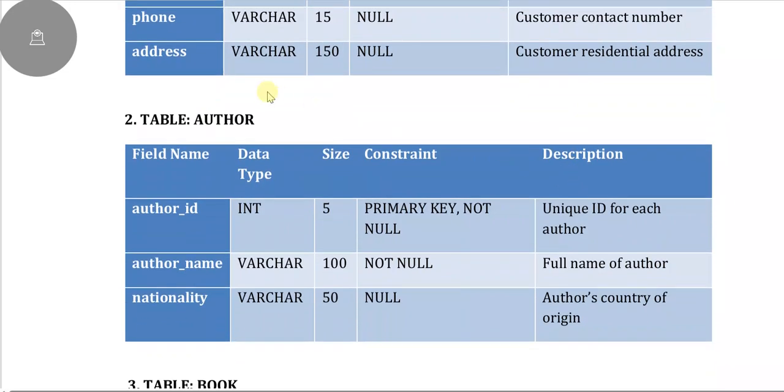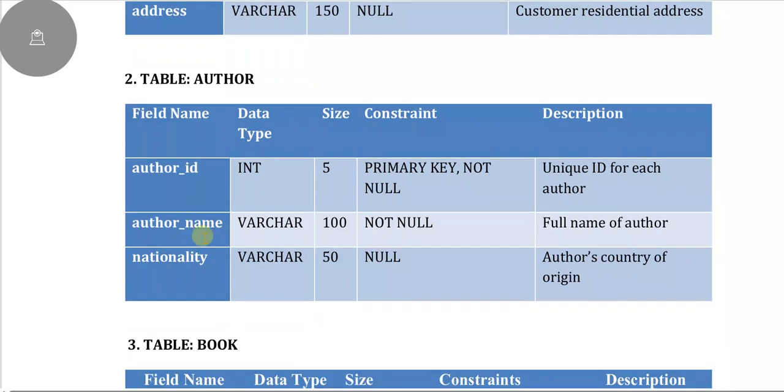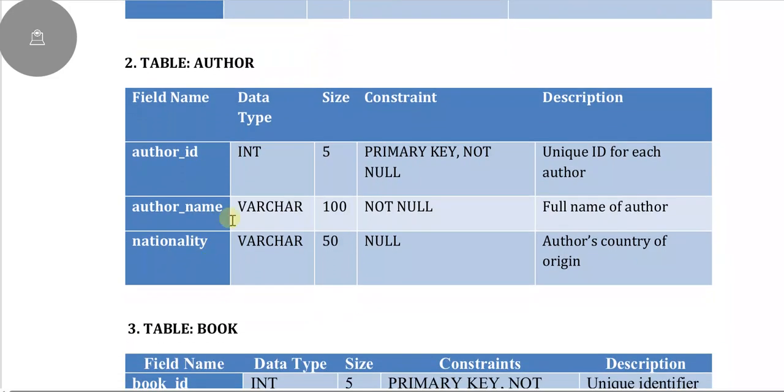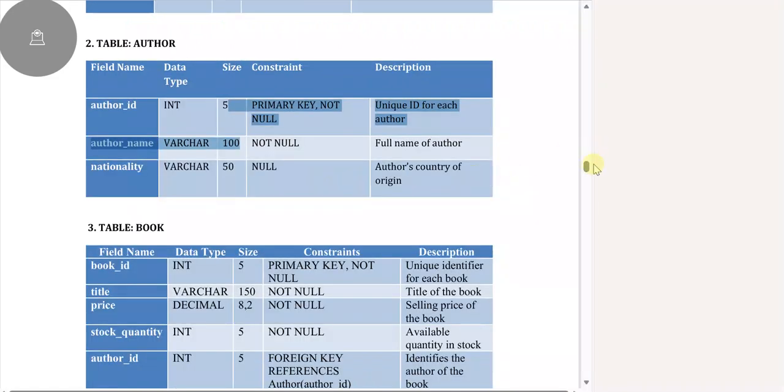And the second table is called author, which has the attributes author ID, author name, and nationality. And those are the type of those records, and size, constraint, and also the description.